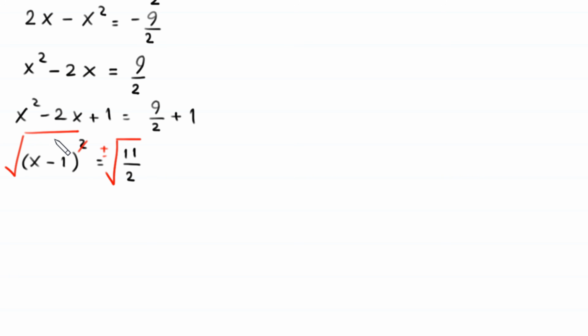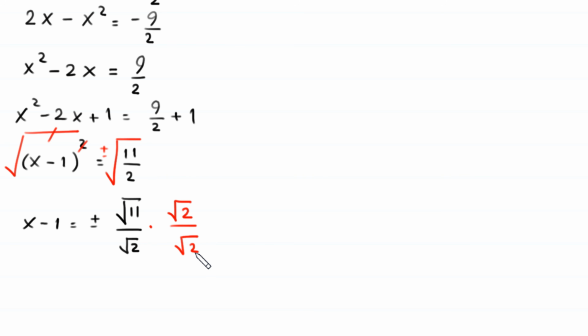So this square will be cancelled with this square root. This will become x minus 1 equal to plus minus root 11 divided by root 2. To rationalize the denominator, we multiply and divide by root 2.